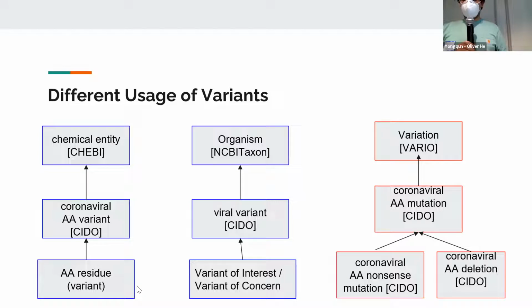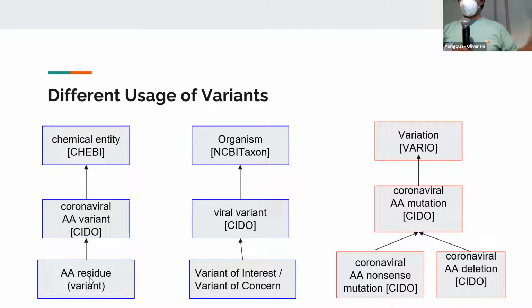So while we have the CIDO-specific terms that are shown in brackets here, I've also listed individual variants of interest and variants of concern. Those are not CIDO-specific terms, but those would cover alpha, beta, delta, and gamma, and all of those I will refer to as viral variants. For the coronavirus, amino acid variant refers to specific amino acid residues that differ within the SARS-CoV-2 proteome.